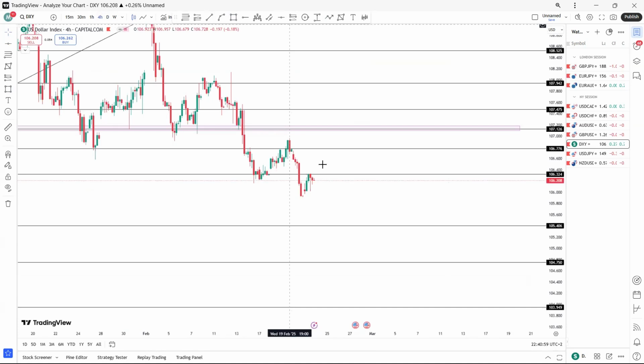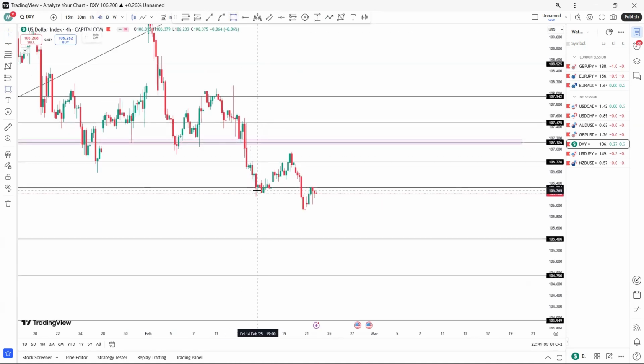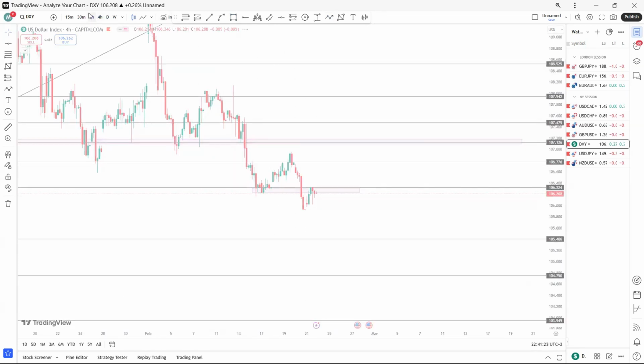Okay, let me just check this. There's a low point over here. This was after an impulse push, after an impulse movement. You see, this is how it has been moving: correction, then an impulse, then a correction. So we can even expect an impulse, right? But right now we'll just be retesting the previous low.